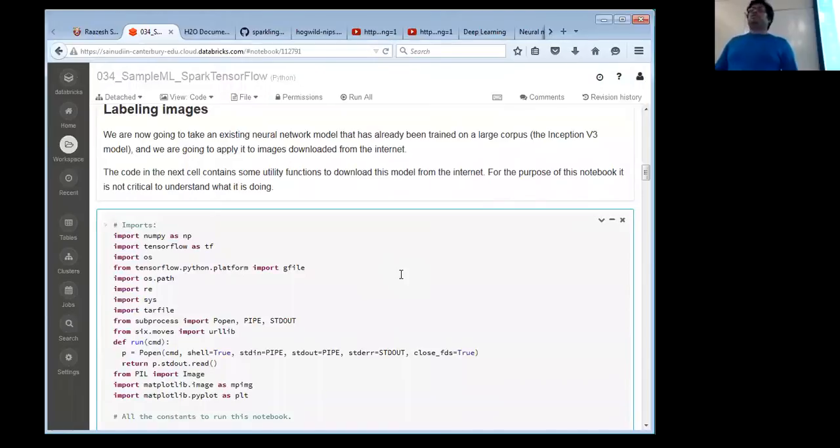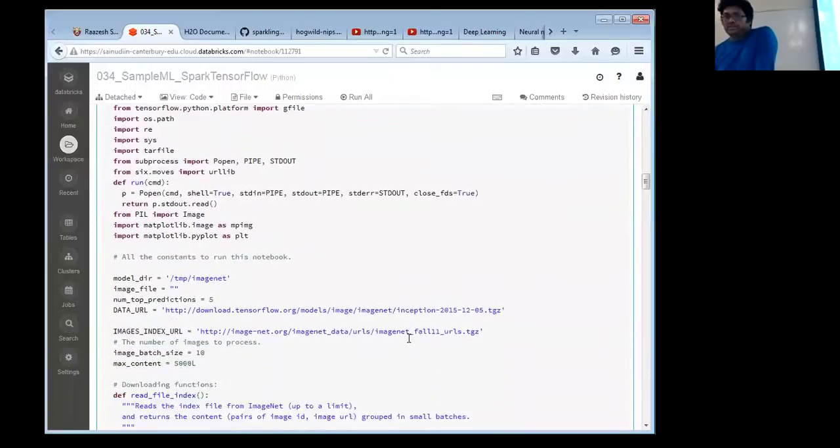So what we're showing here is you could download a pre-trained model and distribute it into your Spark nodes. Then you can have a whole list of images coming at you, and you can do predictions with the pre-trained model and serve these predictions back to the client. That's the setup.